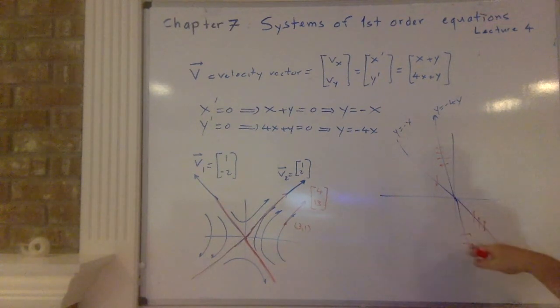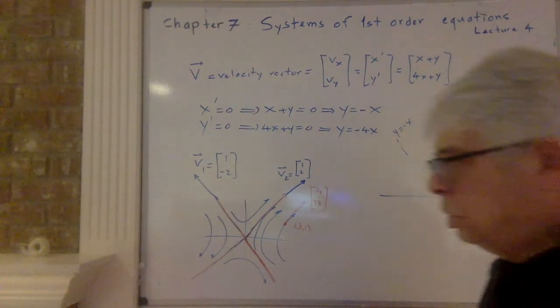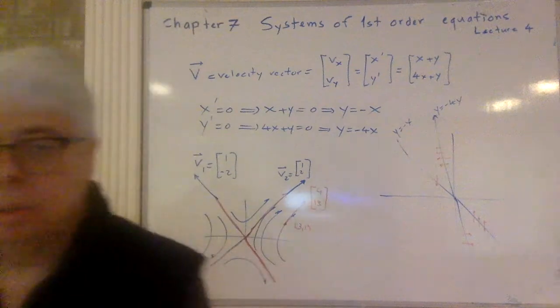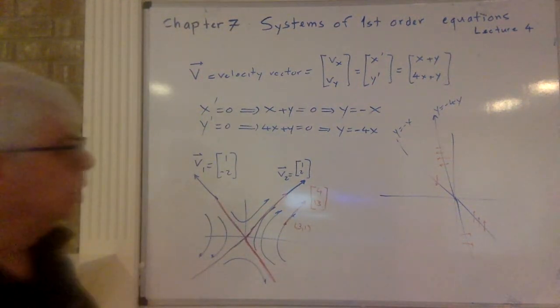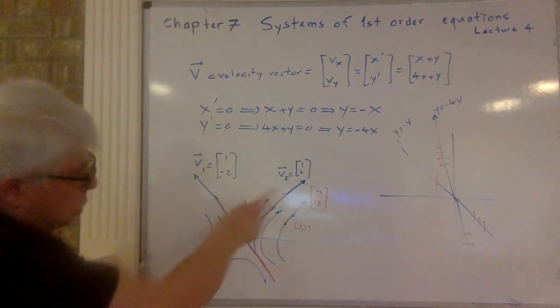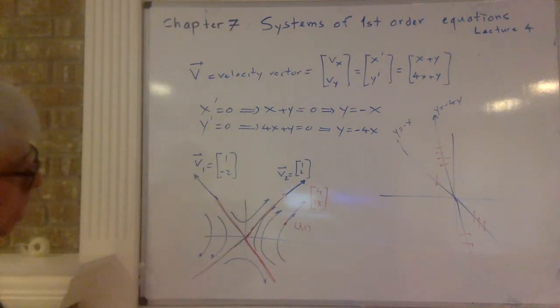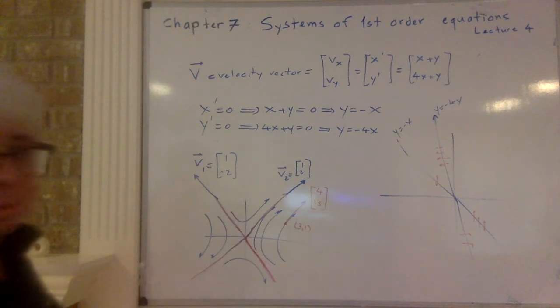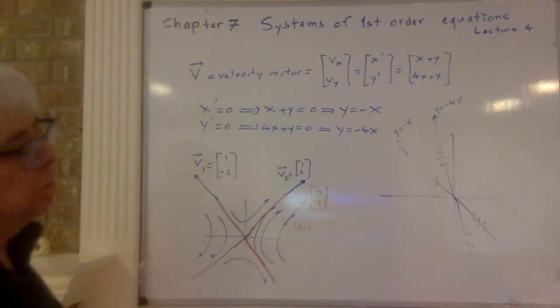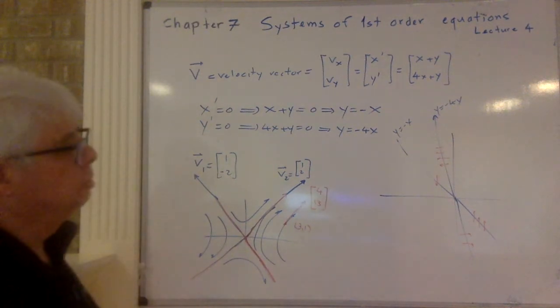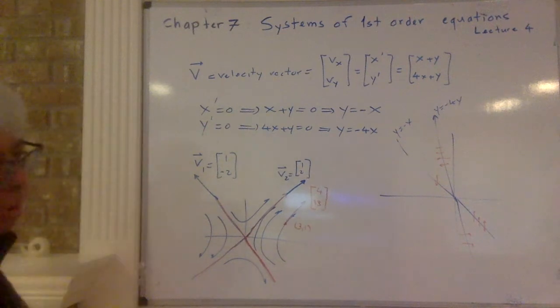On this one, y equals negative 4x, y prime is 0, so it is basically in the direction of x. This is another thing you can see in the stream plot. If you graph these two together with the stream plot, you will see when the streams intersect one of them, it goes like this or like this.